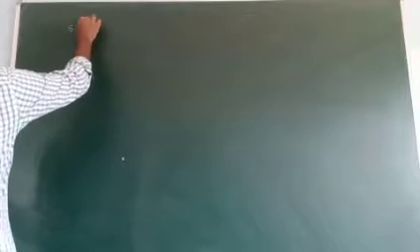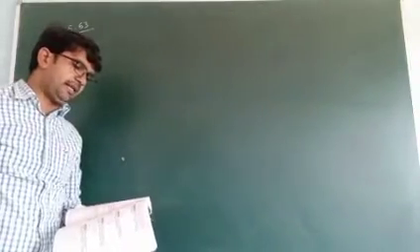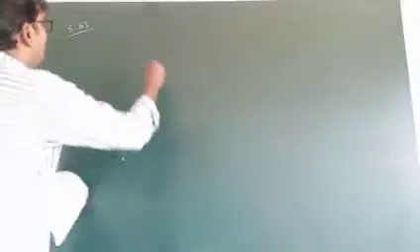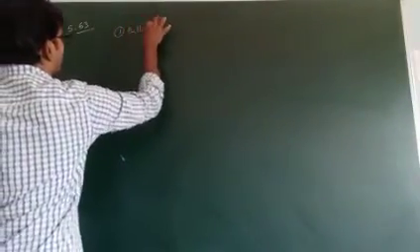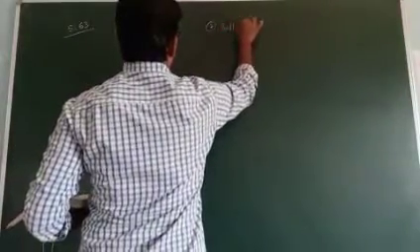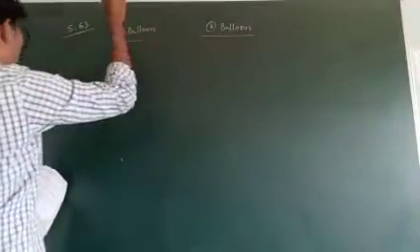Next one, 5.63. At 20 degrees centigrade, two balloons of equal volume are given. This is first balloon. This is second balloon. Write like this for our convenience. Okay, equal volume.